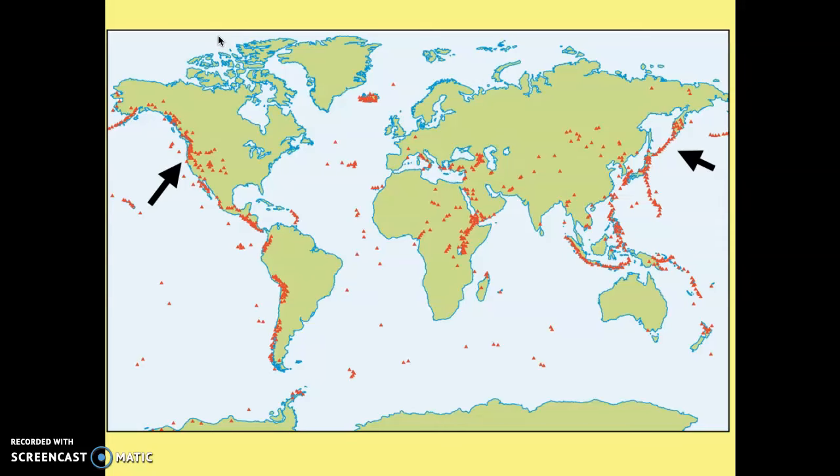Now this ring of volcanoes around the Pacific Ocean is known as the Pacific Ring of Fire. Volcanoes are fed by hot molten rock, magma, from the mantle, and this magma rises up to the surface at different plate margins. And like I said, you're going to be learning a little bit more about the different hazards and the different types of plate margins in your next lessons.